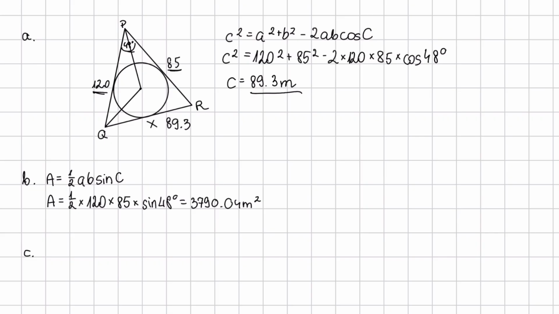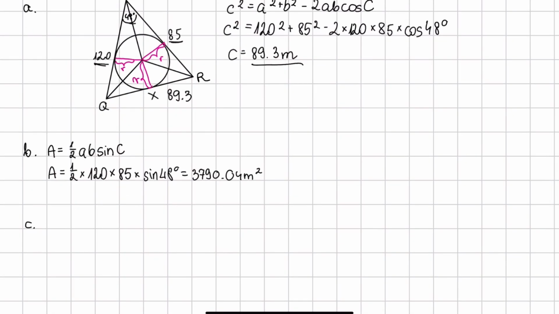So connect the center with the vertices, and you can observe that we have three smaller triangles, and each has the same height, and this is basically our R, the radius of our inner circle. So this is the height of each triangle.